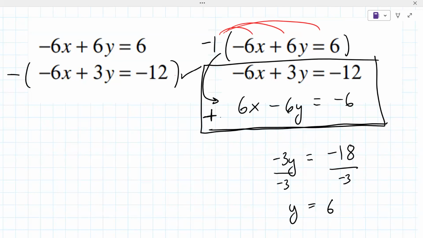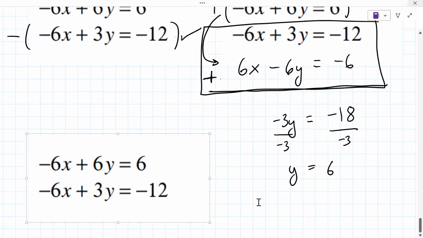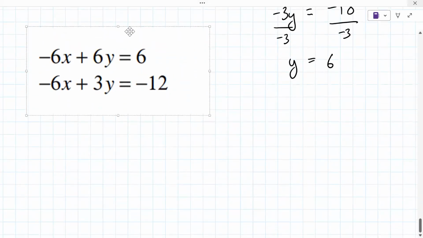Good. Okay, now I want you to use, doesn't matter which one, either one of these equations, I'd like you to solve for y, please. I'm sorry, solve for x. So either equation. Okay. 6 times 6.